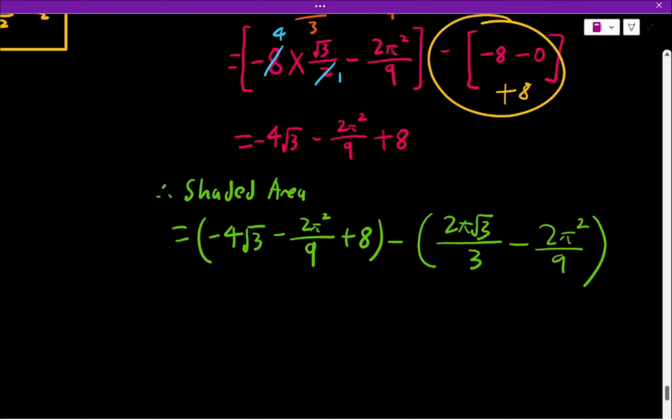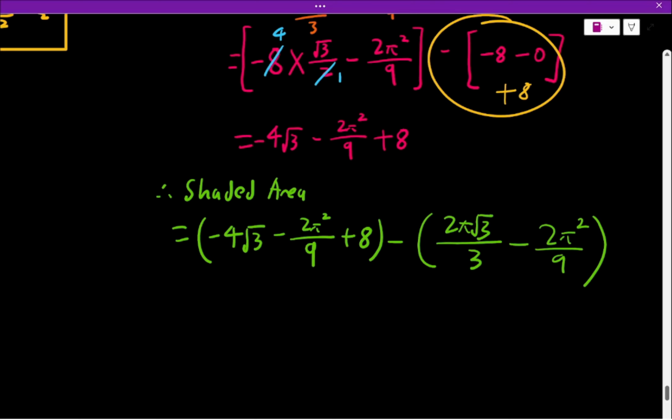Okay, so when you distribute, you get negative 4 root 3 minus 2 pi squared over 9 plus 8 minus 2 pi root 3 over 3 plus 2 pi squared over 9. So this would cancel with that, but it appears that I have made a mistake.